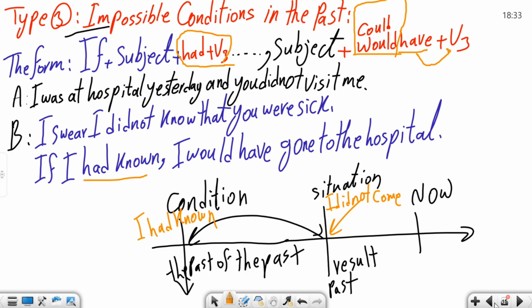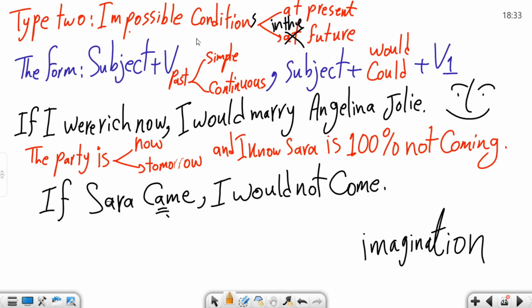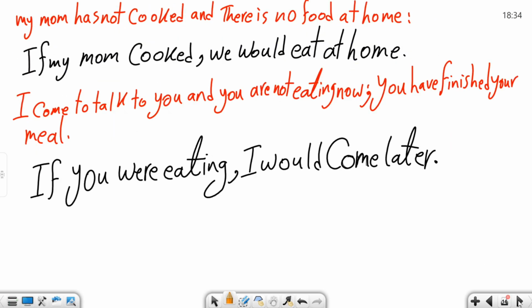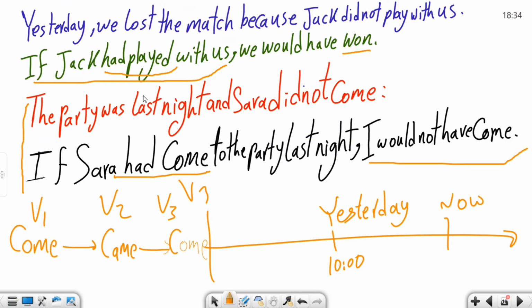But here, in type 2, we talk about impossible condition at present and the result is at present or in the future. In here, the result is from type 2 because the result is impossible in the future, and the condition is from type 3 because it's an impossible condition in the past, and we use had and verb 3.